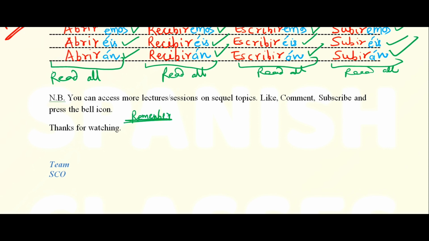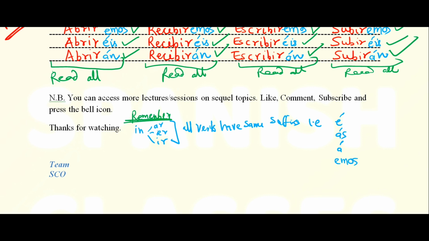But you note this point. In all kinds of AR, ER and IR verbs, we have the same suffixes for all. These are a, as, a, emos, eis, and an. Note the point.